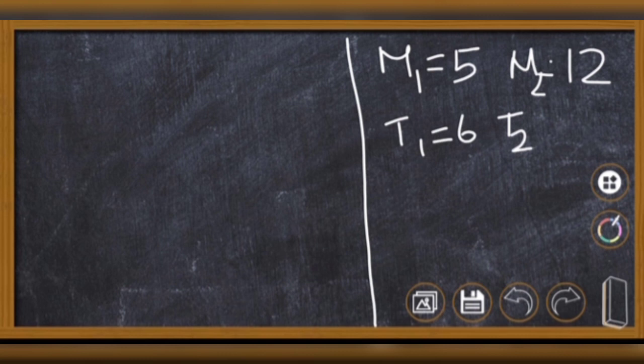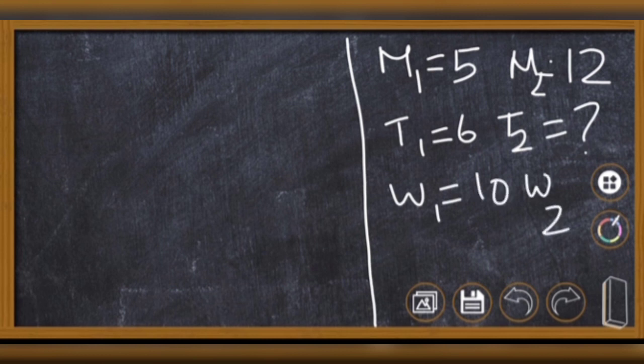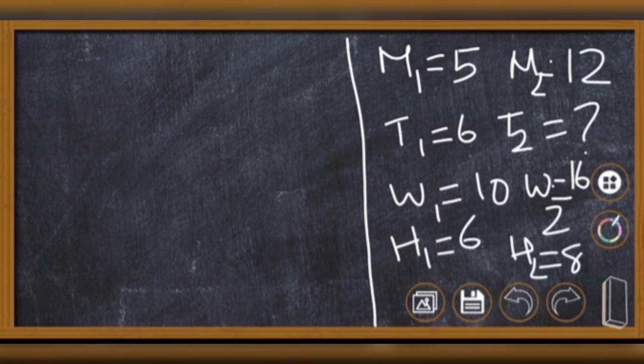Then work is given. Work W1 is equal to 10 toys, and W2 is also given, that is 16 toys. Now what about the hours? Number of hours, we will take H. H1 is equal to 6 and H2 is equal to 8.